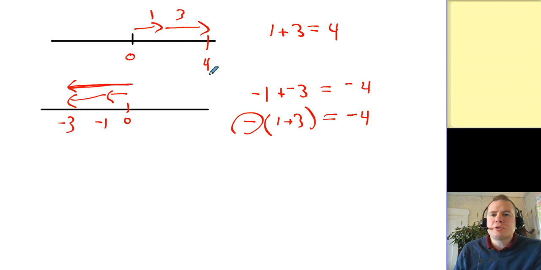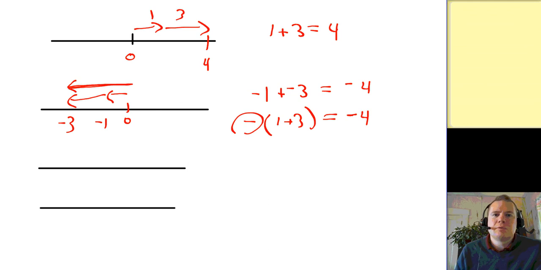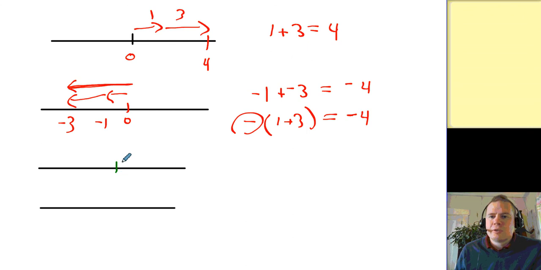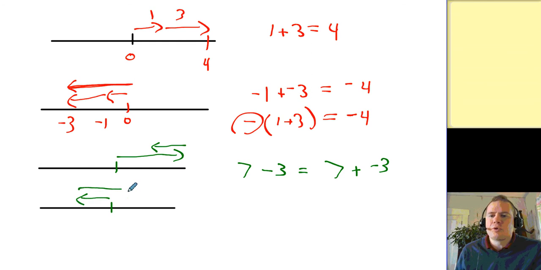But if we start having numbers going in different directions, select the right tool here. Let's say go forward 7, then back up 3, or 7 plus negative 3, same thing, or back up 3 and then go forward 7.